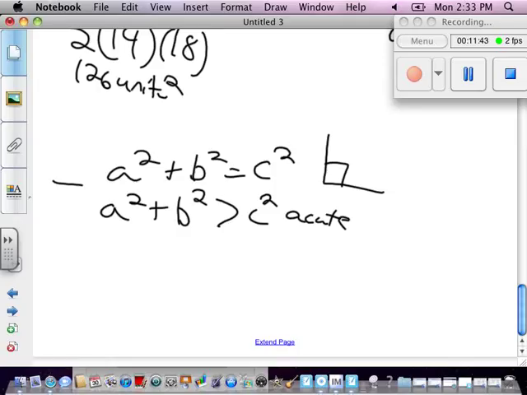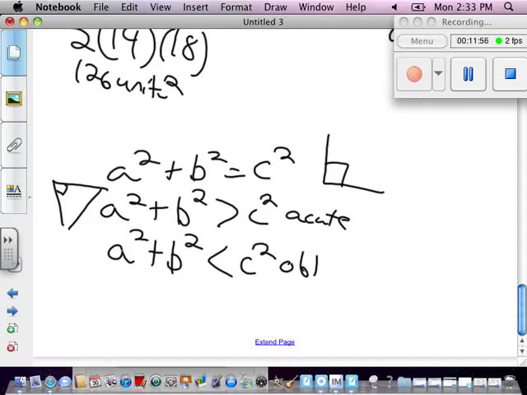Right, because if these two are bigger than this one, then this has to be an acute angle. So what if a squared plus b squared is less than c squared? Okay, so that means you should be able to do 9, 10, and 11.